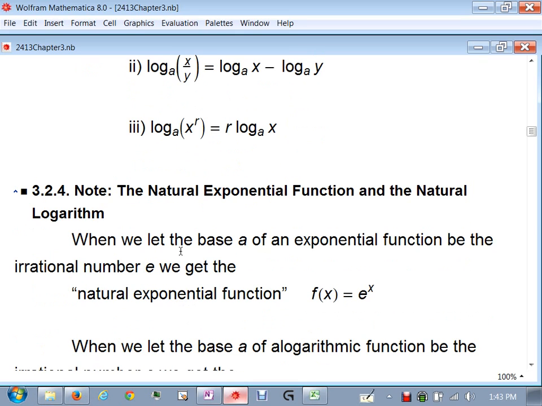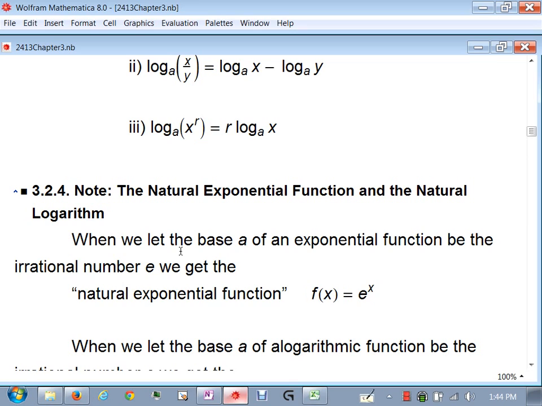And then with all of these exponential and log functions, since the base could be any positive number, right? It could be 2, it could be pi, it could be 4, it could be 1/2. There was a very special base that if we used it, we called it the natural exponential function, and that's the base e.